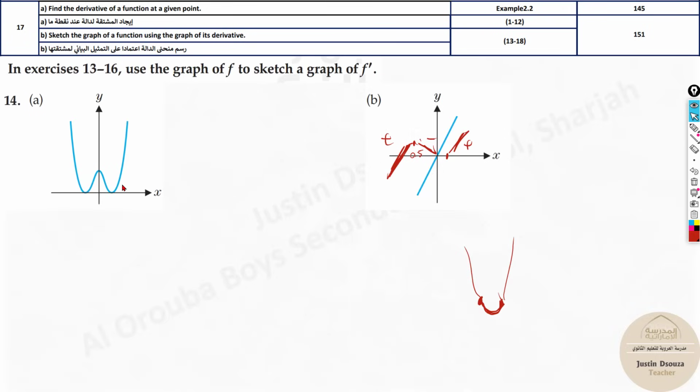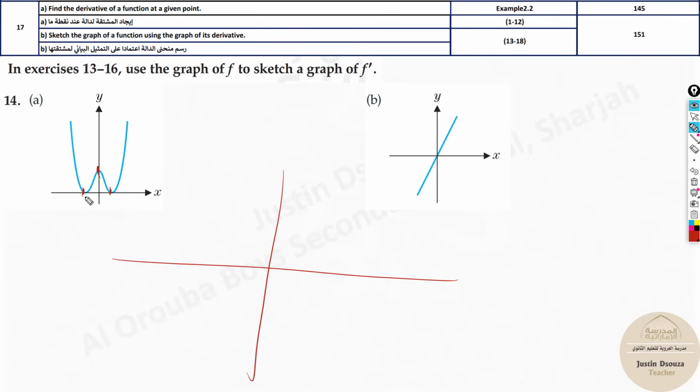And the next one over here, again, let's look into where it's changed: decreasing till here, increasing here, decreasing here, increasing. So in the graph, what happens? We have to mark these 3 points: 1, 2, 3. It's decreasing, so it will be below, something like this.